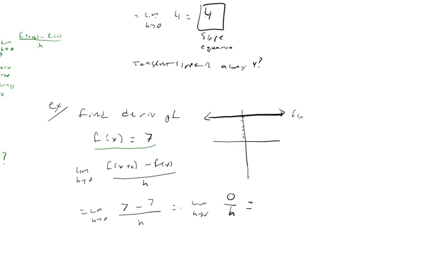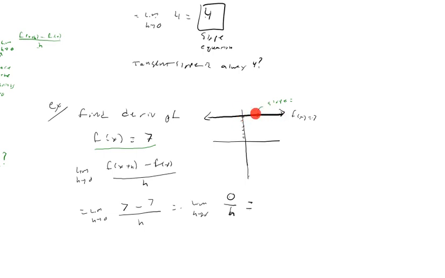So if I ask you what's the slope of this spot here, what's the tangent slope? What's the slope of this line? Straight, horizontal, flat slope. What's the slope of a line that's flat?